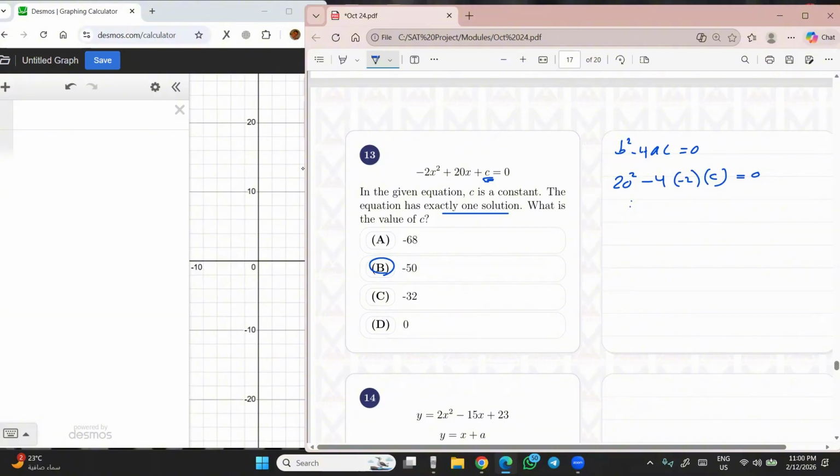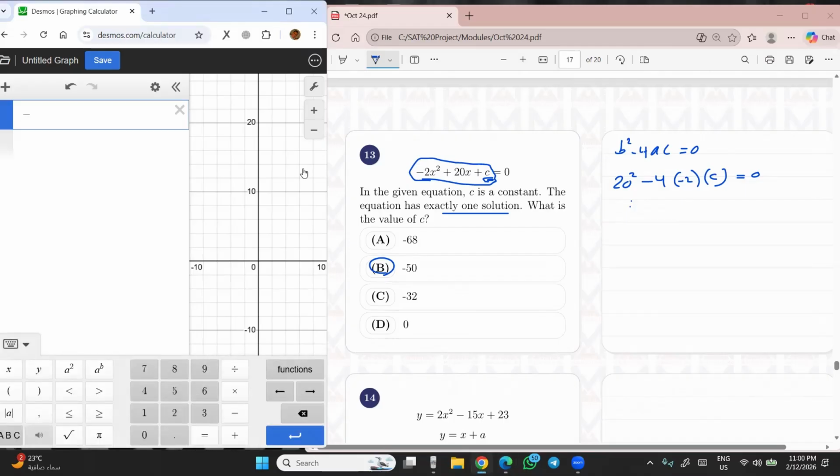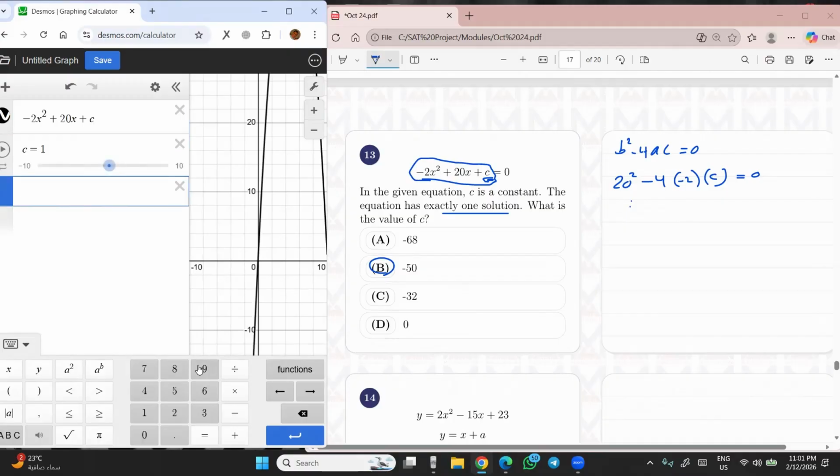So we can write the equation, but write this part only because we need to get the graph. So we can write negative 2 x squared, and that's the square sign, and then plus 20 x plus c. That's the graph. And then we can write equal sign, just press enter.